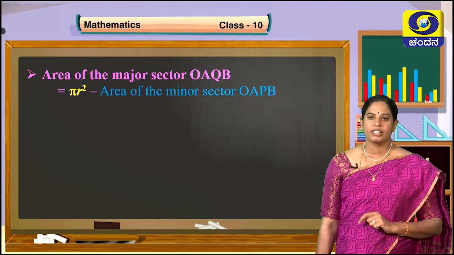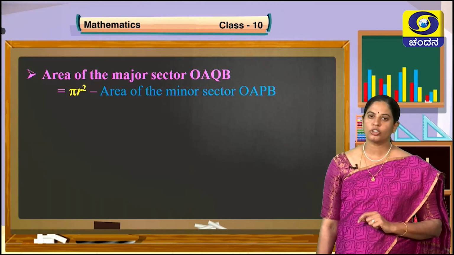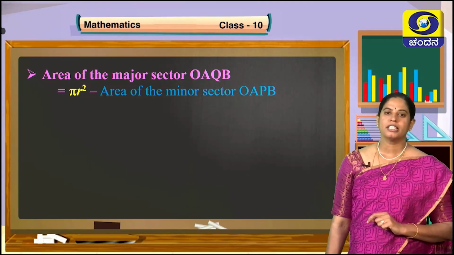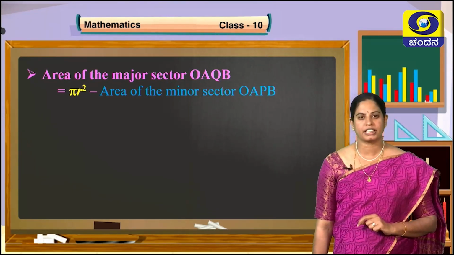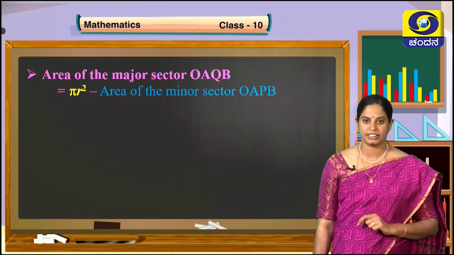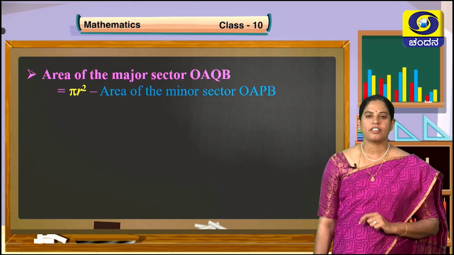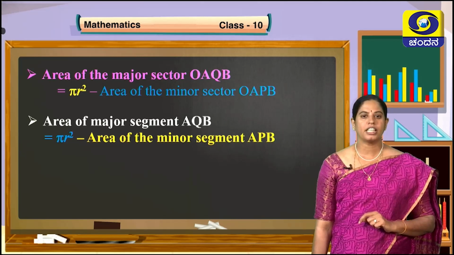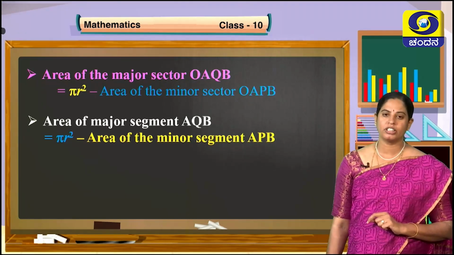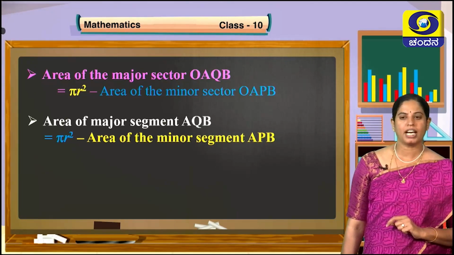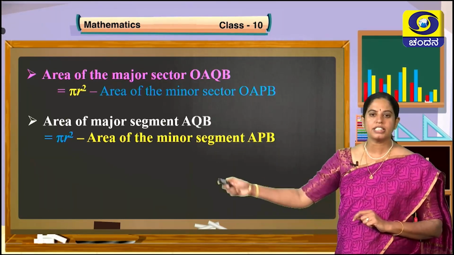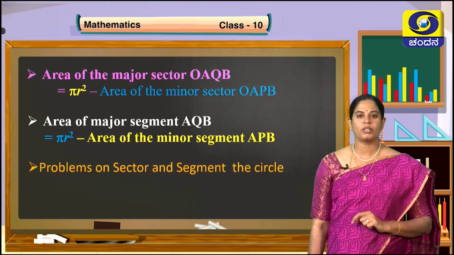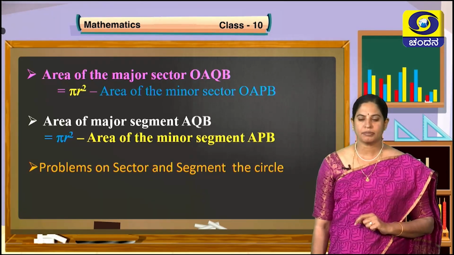Also, we came to know that not only can we find the area of the minor sector, by subtracting it from the area of the circle, we can find the area of the major sector OAQB. And the area of the major segment can also be found by knowing the area of the minor segment and the area of the circle by using this formula. And in the previous class we discussed a few problems related to sector and segment.